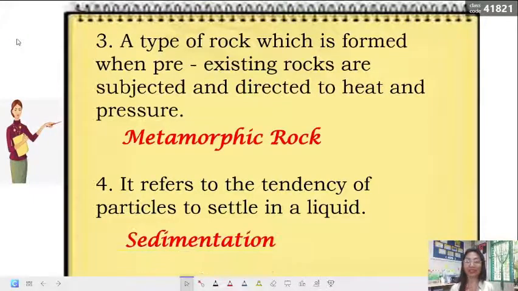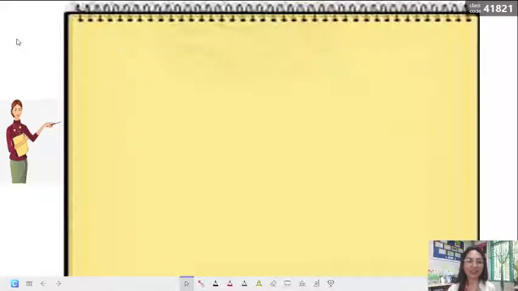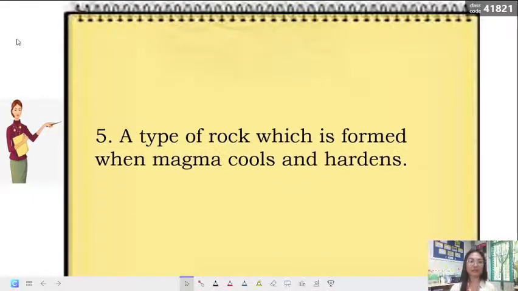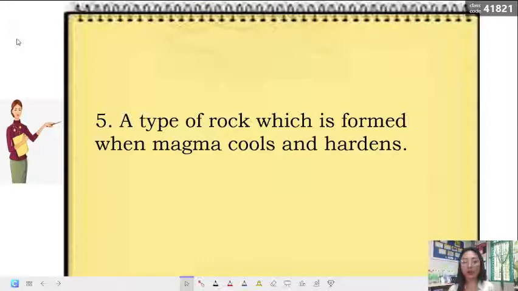Yes, the answer is sedimentation. Nice one. The next one is a type of rock which is formed when magma cools and hardens. Yes, the answer is igneous rock.